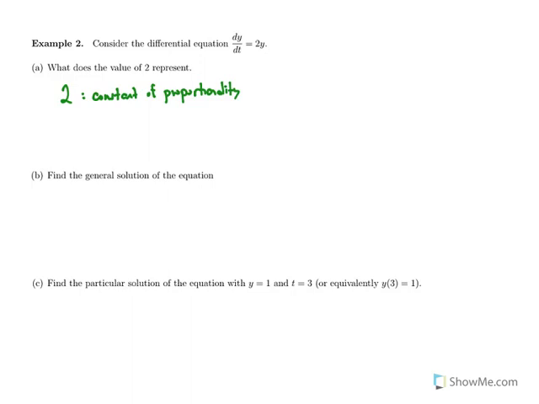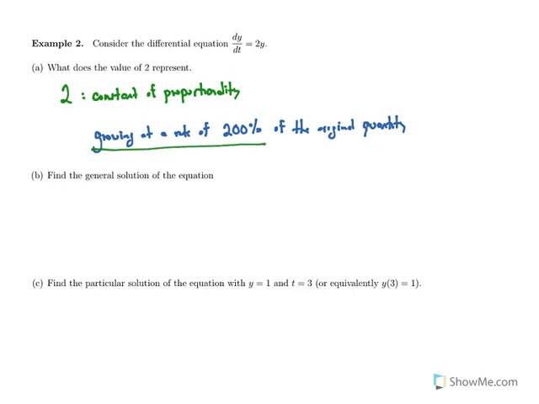In the context of a word problem, this would be growing at a rate of 200% of the original quantity. Keyword here is the growing at a rate of 200%.